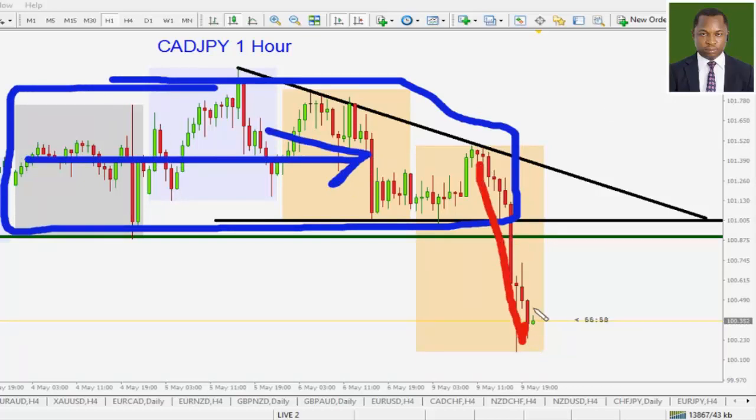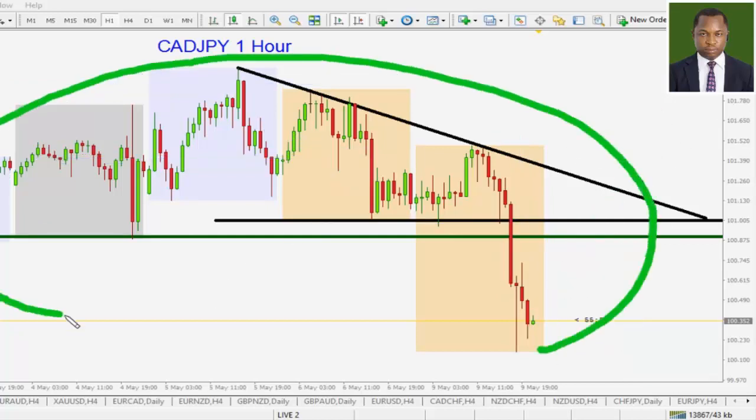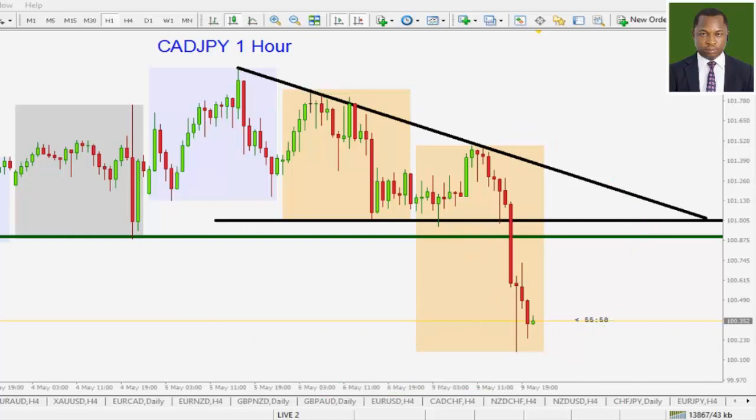What do we need to do? We need to wait for price to make a pullback, and from there we are going to find our valid entry to make money from that move. So this pair is now on our radar. We're waiting for that pullback, then we will look for our valid entry.